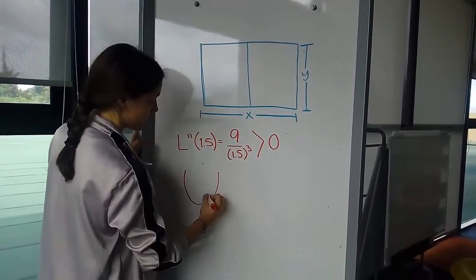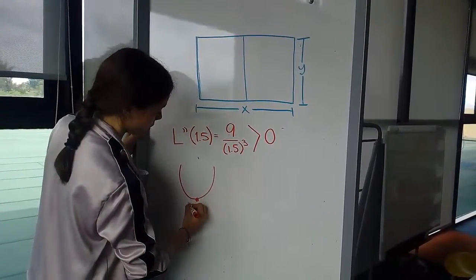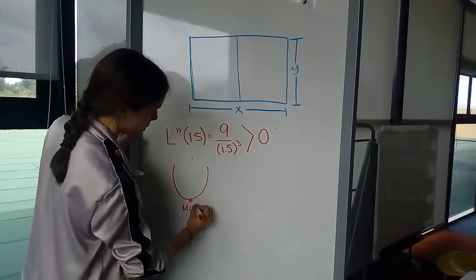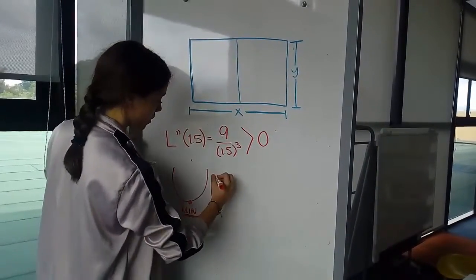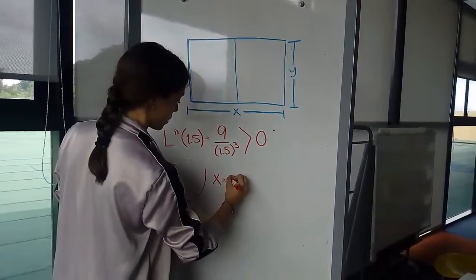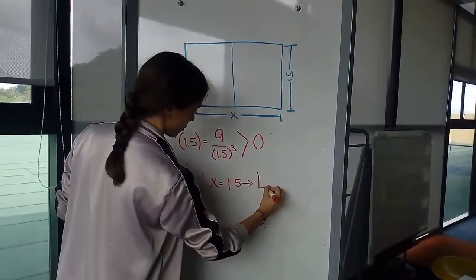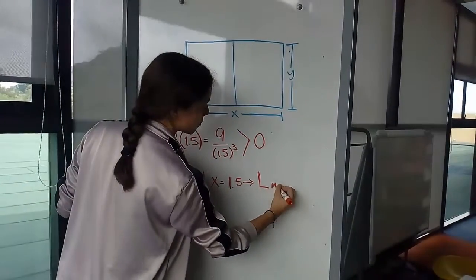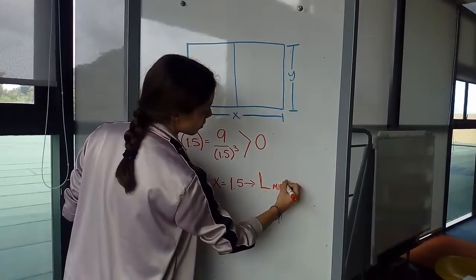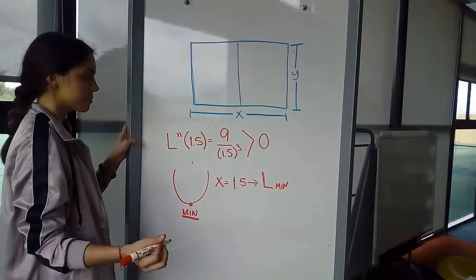It means that at this point the function is concave up, and therefore the critical point corresponds to a minimum. This means that x equal to 1.5 gives the minimum value of L. It means that we minimize the length of the fence that will be used.